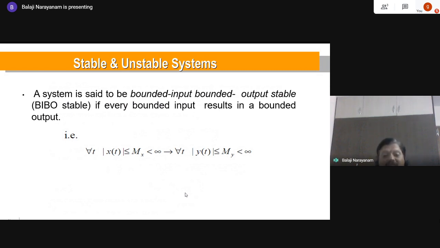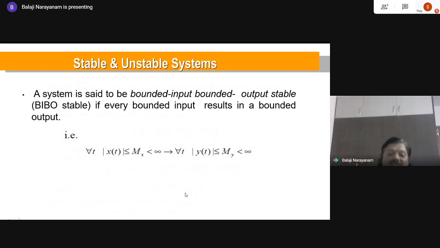And for every t, the output value mod y of t is less than or equal to my, which must be less than infinity. That means that both the input and output values must be finite. If they are infinite values, they are not bounded either in input or output, then the system becomes unstable.